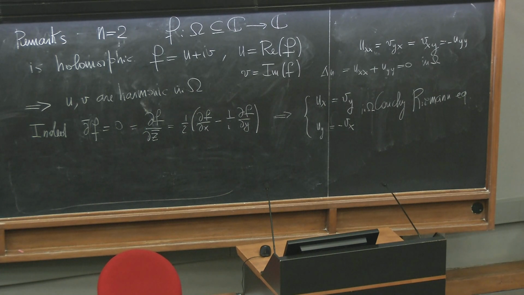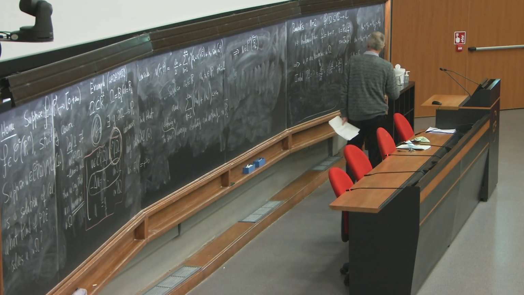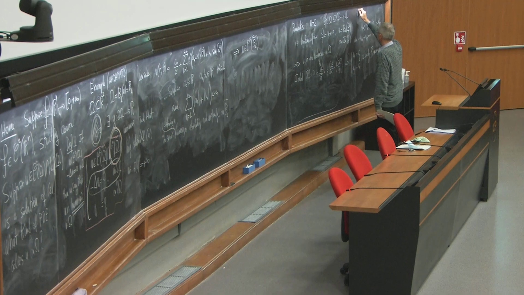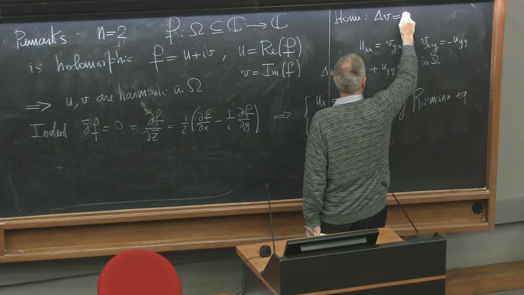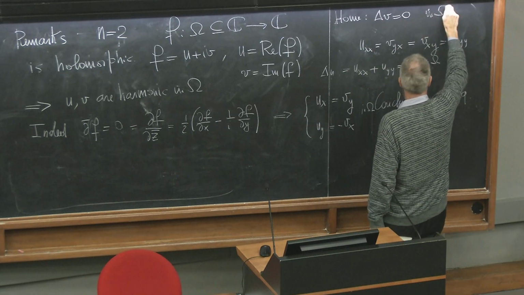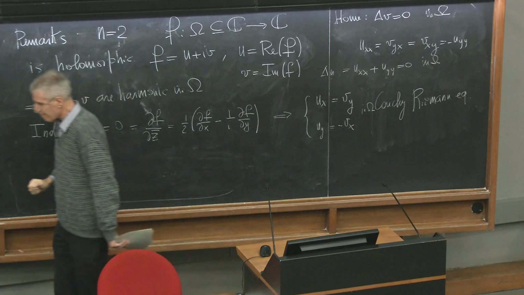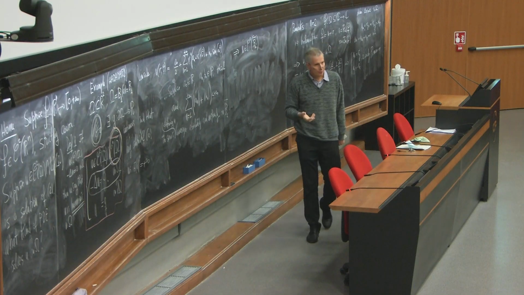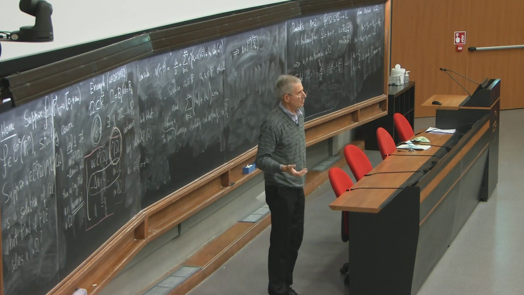You can do at home the same computation showing that also v must be harmonic. So, home exercise. Okay. So this is useful, because this allows us to construct examples of harmonic functions.